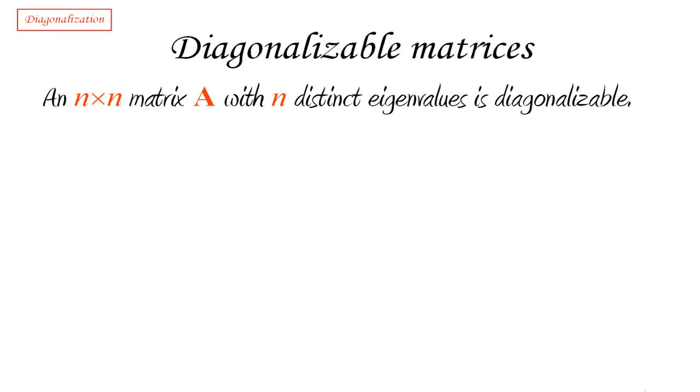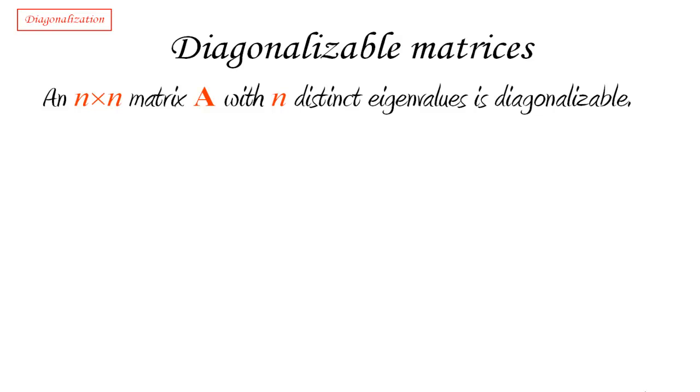Two easy consequences of the fact that I just showed you, the fact that a matrix is diagonalizable if and only if it has n independent eigenvectors, are the following. If a matrix has n distinct eigenvalues, then it is diagonalizable. Remember what we said in the last class. Different eigenvalues have linearly independent eigenvectors associated with them.